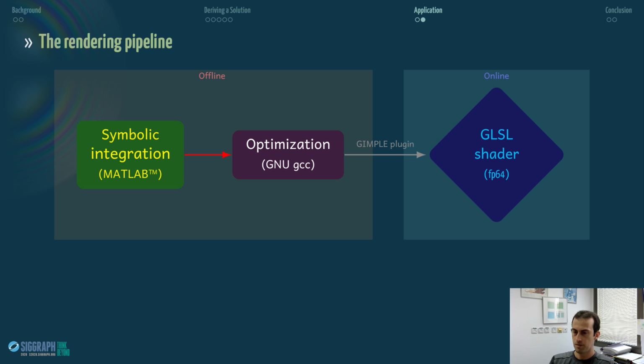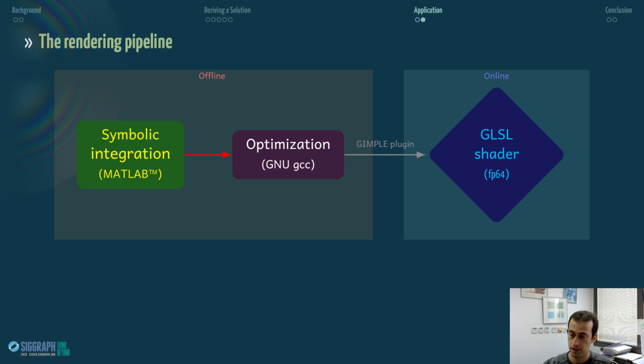So the optimization step is actually crucial, and the C compiler has proven to be really the right tool for the job. The output from MATLAB can be massive. It can be hundreds of megabytes large, and worse, it can be highly numerically unstable. The optimization stage serves to eliminate easily 99.9% of the code, and being a more numerically aware optimizer, it also produces far better code.